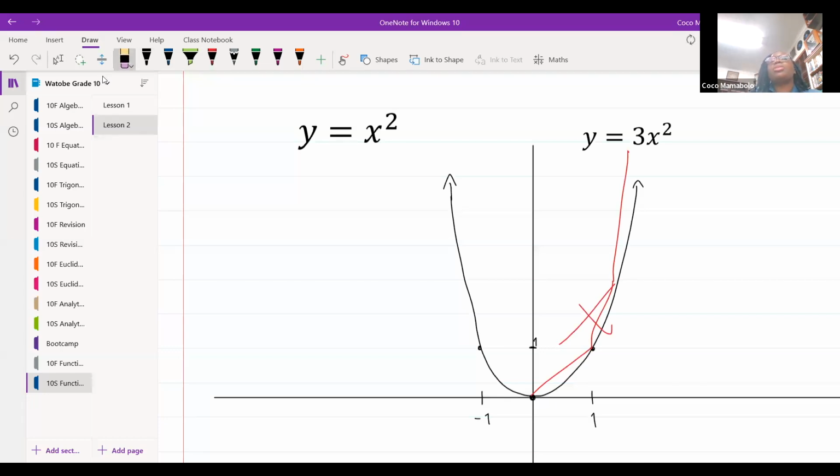Rebetu says, why, ma'am? Because if I had to find the value where x is equal to a half, and I drew the straight line here, the value for x is equal to a half would not be here. It's down here because we're squaring. Same if I had to find the value for a quarter. The value would not be up here.